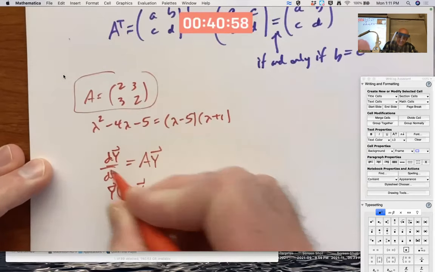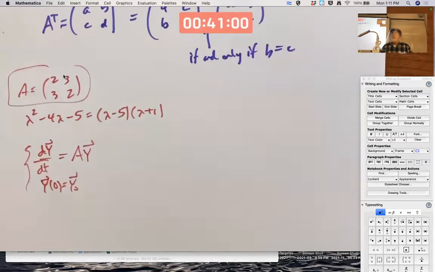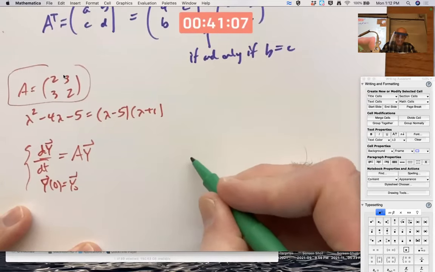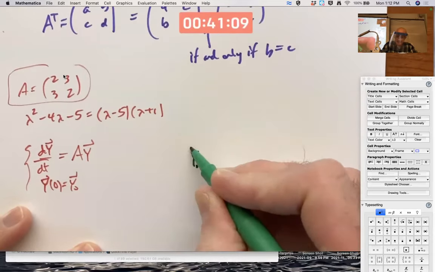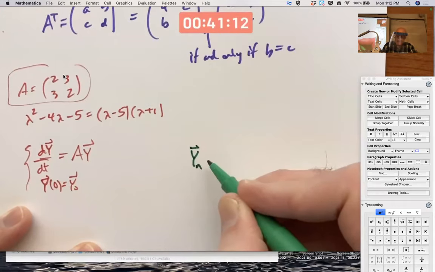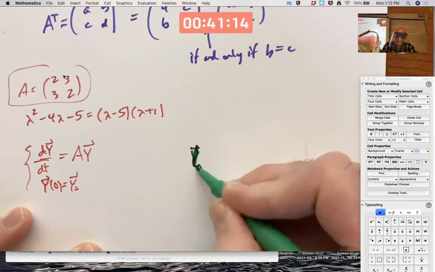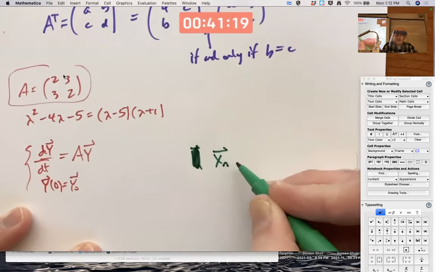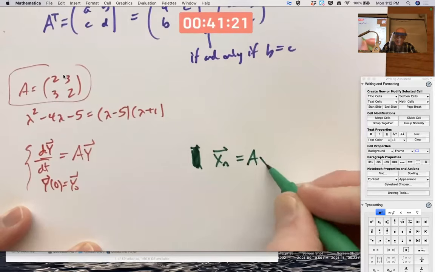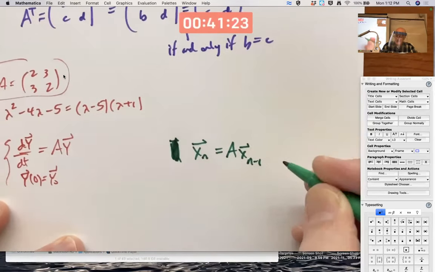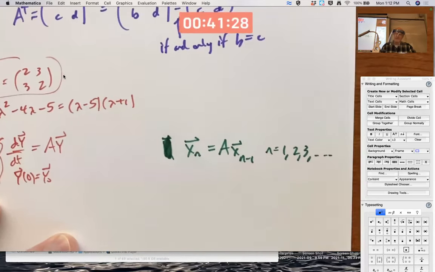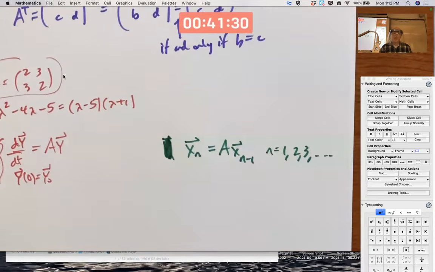Also, for sake of completeness, solve the analogous difference equation, which I can just write as one equation, and it's implicit that there's an initial condition. And I guess I've been using X for the vectors over here, and usually been making them lowercase. x_n equals A x_{n-1}, for n equals 1, 2, 3, etc. This does implicitly assume there's an initial condition vector x_0.